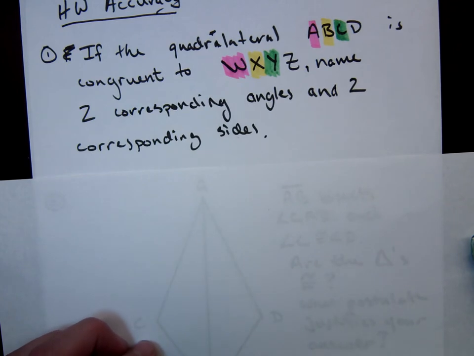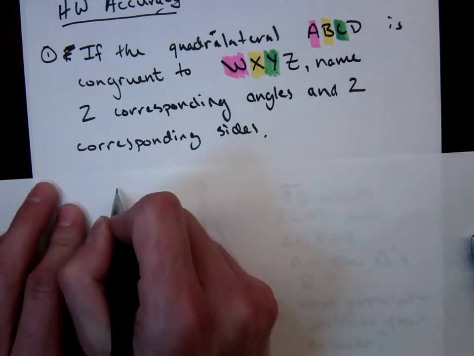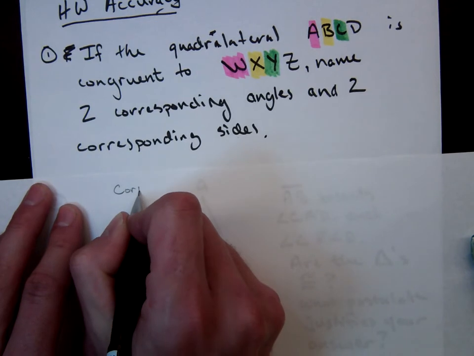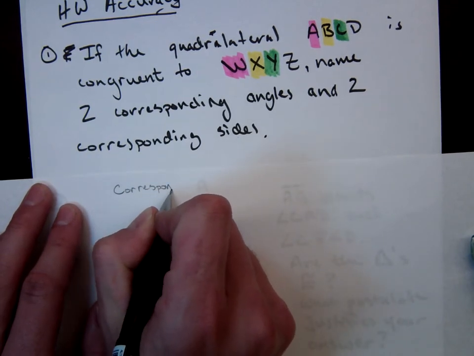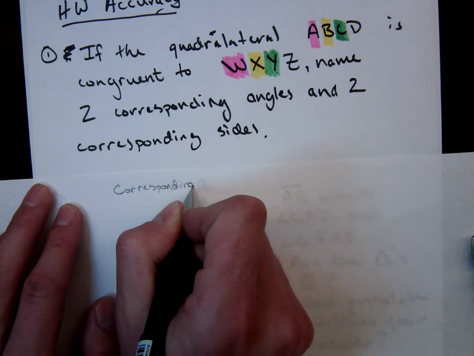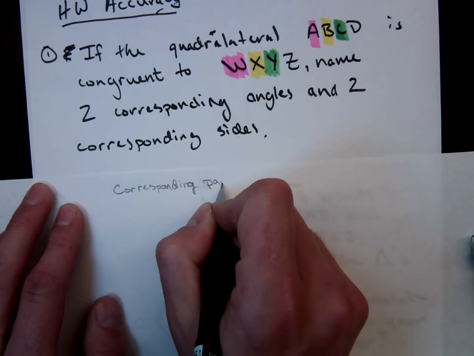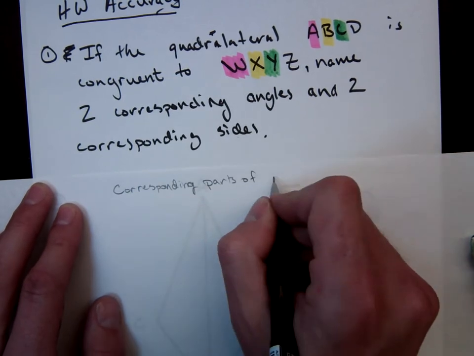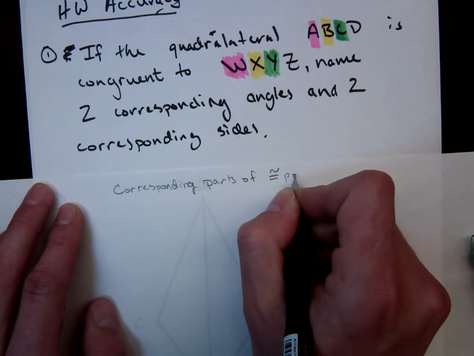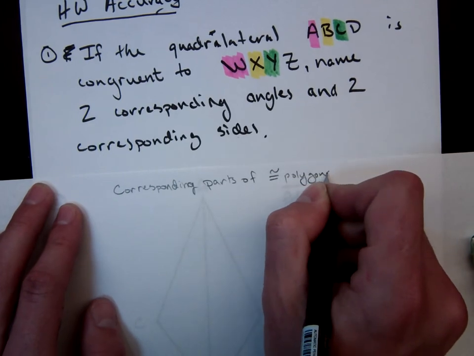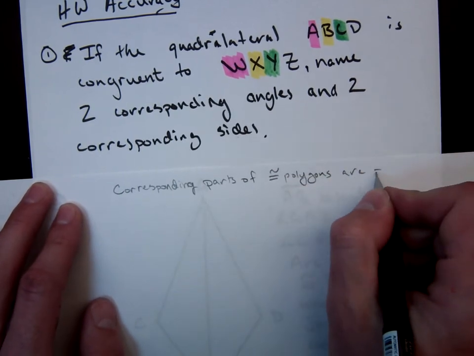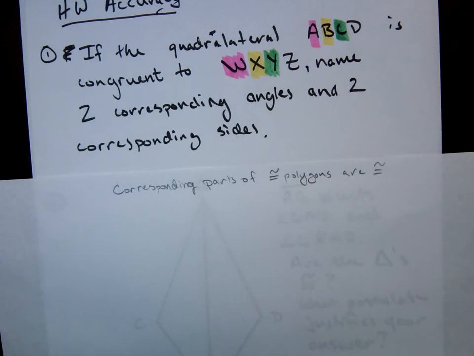Now, one of the things that we do know is that corresponding parts of congruent polygons are congruent. That's true of any polygon.